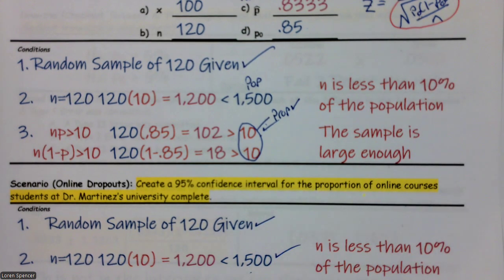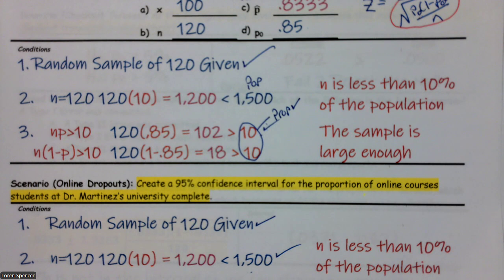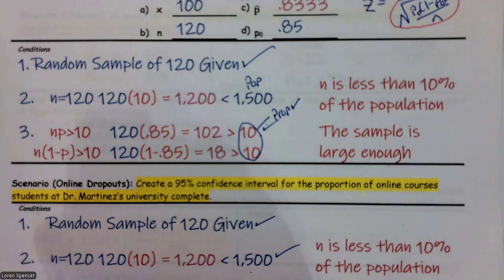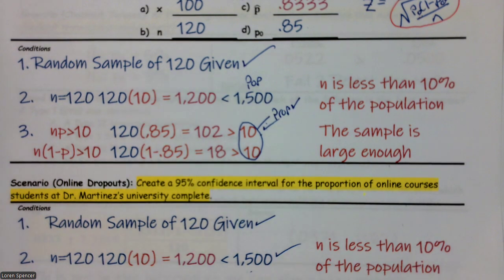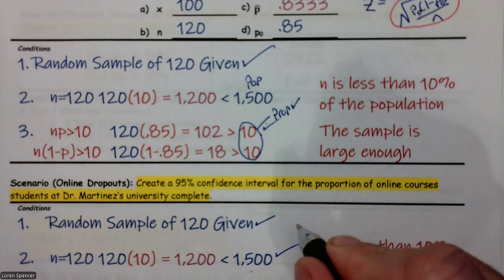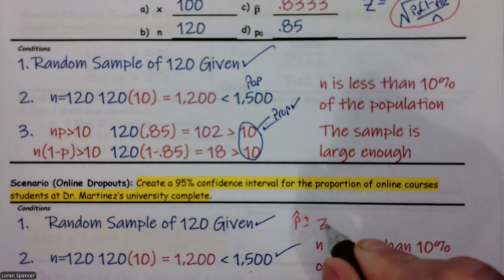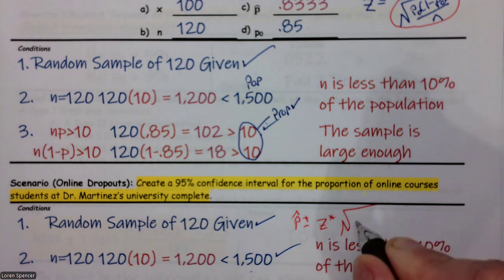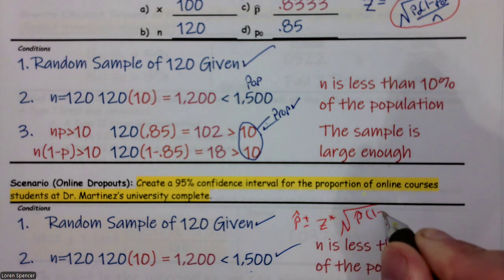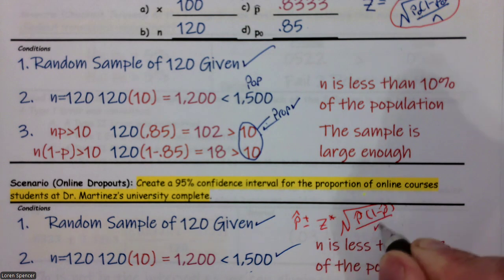Good there. But now we have a change. When we get to the third one, we need to pay attention to our formula for a confidence interval. The formula for a confidence interval is p hat plus or minus z star times the square root of p hat times 1 minus p hat over n.